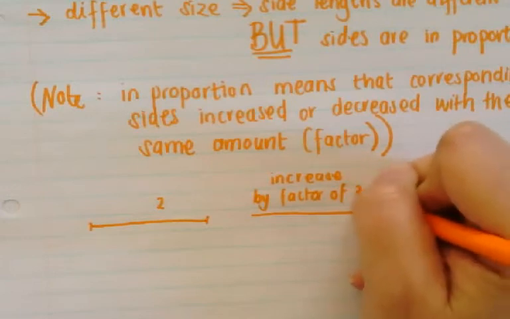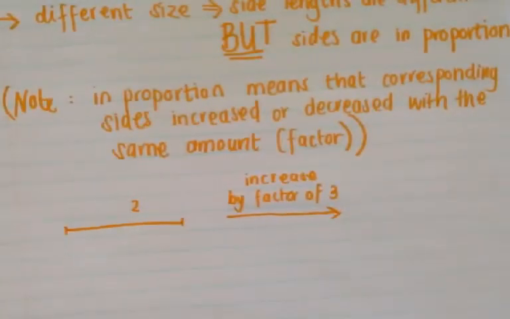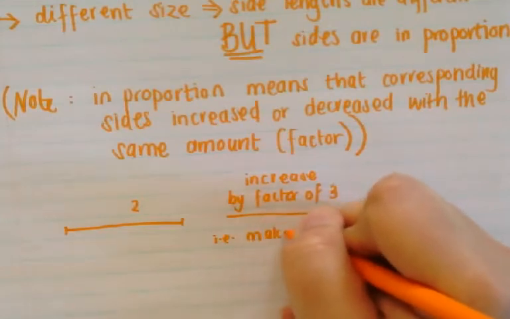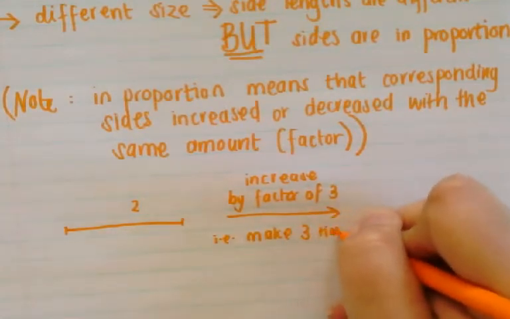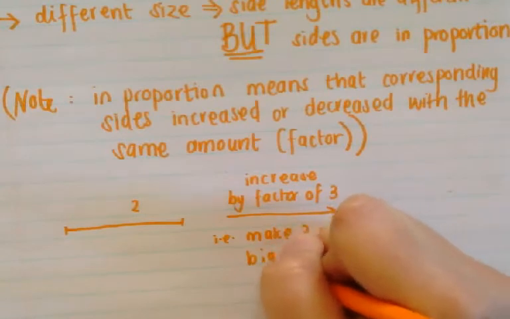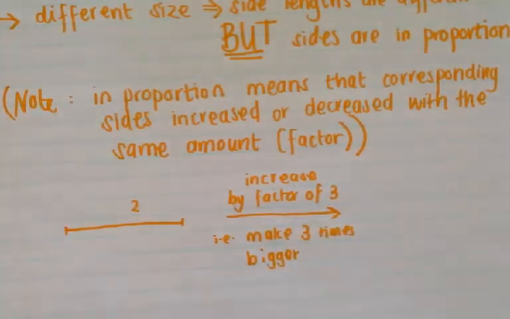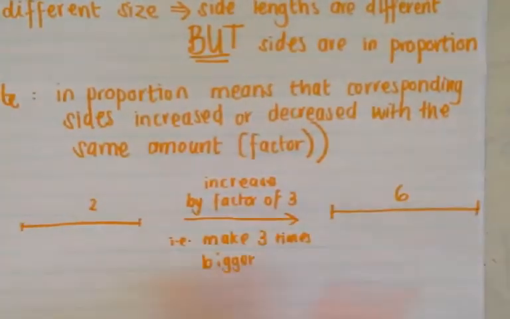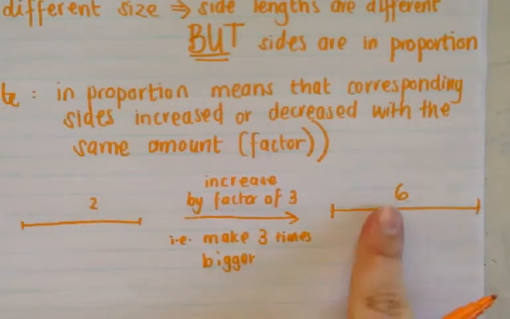That means I want to make my line 3 times bigger. So what is the length of my new line going to be? 6. 2 times 3 is 6. Now visually it doesn't really look like it, but the numbers tell me that it has increased by a factor of 3.